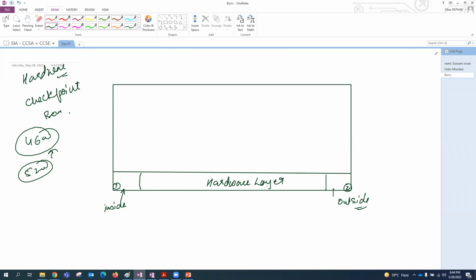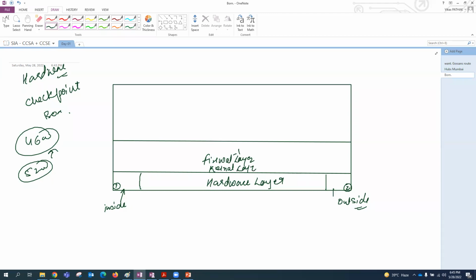After this, we'll be having the firewall layer. This is called the firewall layer. Some people say firewall one layer, some people call it kernel layer. Whatever you want, you can call it.